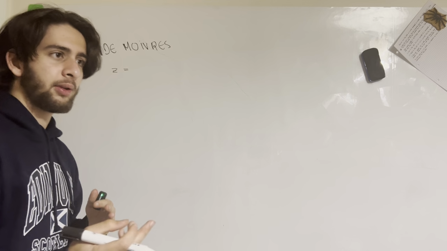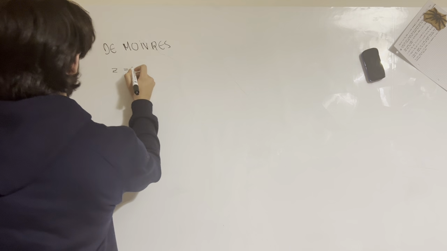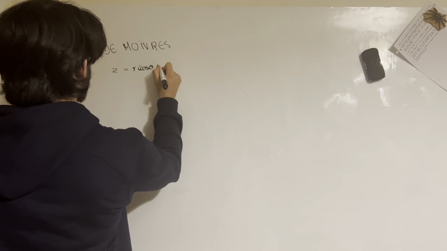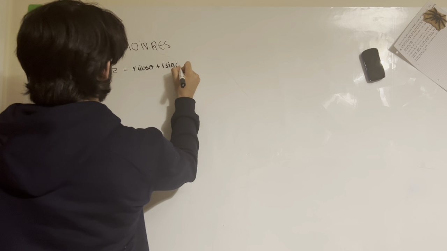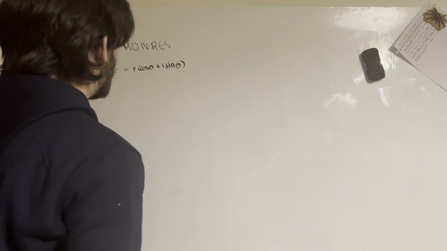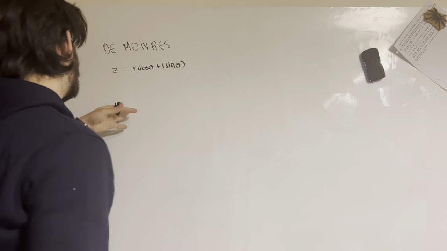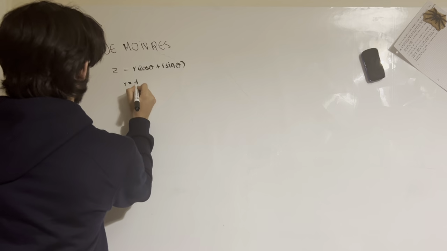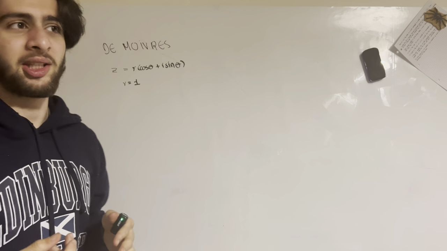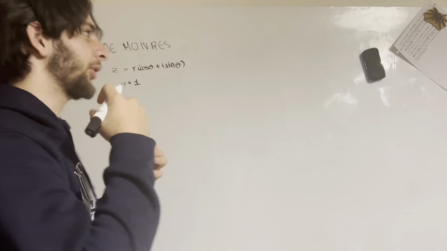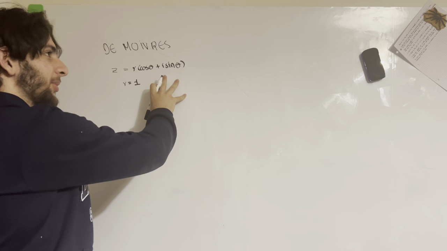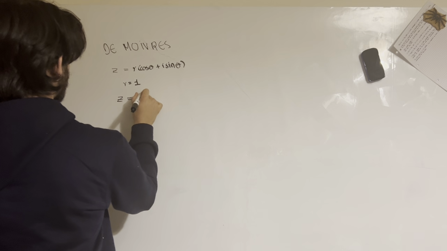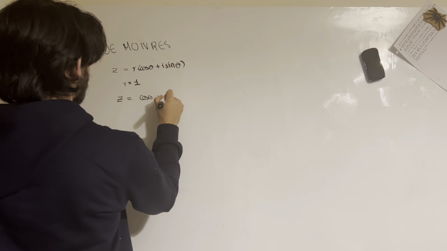What you are going to be familiar with is the polar form, which is r cos theta plus i sine theta. Then what I'm going to do here is set r equals 1, because most of the time in the textbooks that you'll see with further maths, this is how de Moivre's theorem is defined. If you have r equals 1, then z will just be cos theta plus i sine theta.